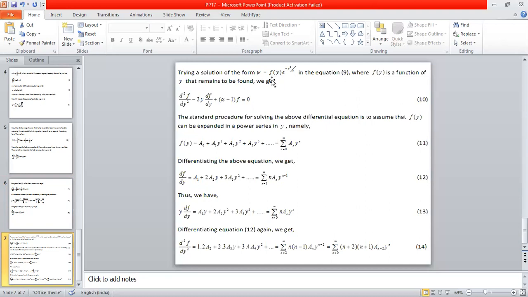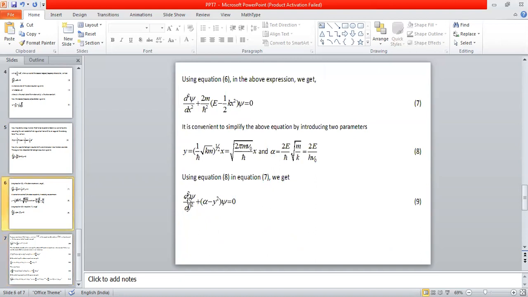So by assuming that equation 9 has a standard solution of this form, we have to substitute psi is equal to f of y into exponential minus y square by 2 into equation 9.